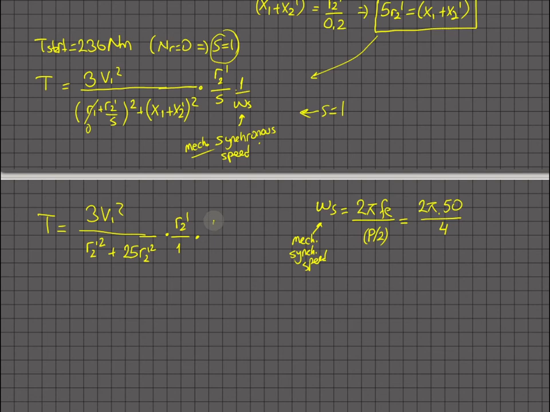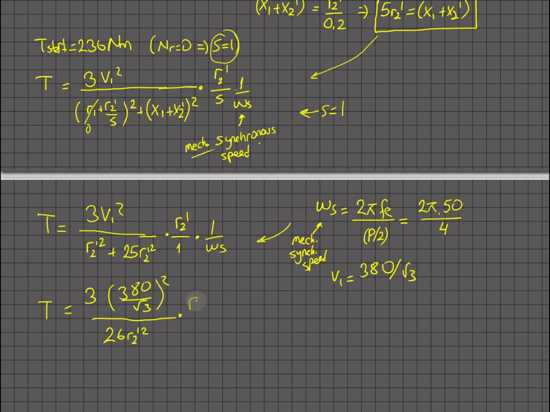Okay, so I will write that omega s here, and for V1, remember it was 380 volts divided by square root 3. So let me put all those things, and you will see those will cancel each other. So I will have 26 R2 prime squared times R2 prime divided by 2 pi times 50 divided by 4.